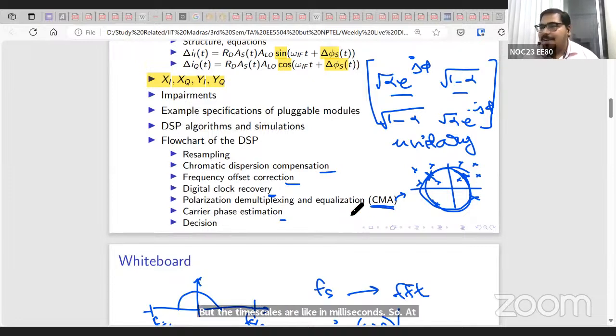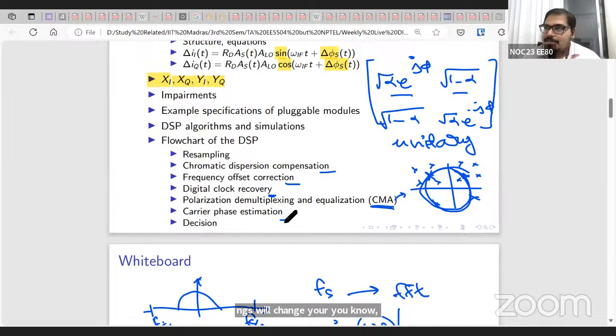Some big vehicle moved, some temperature changed, or there was some earthquake, those things will change your polarization mixing, so this matrix, this alpha and phi values will keep changing.